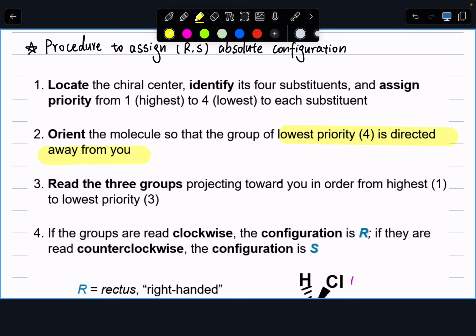But in the Fisher projection, if that lowest priority group is on the horizontal, then that means this one is wedged out, it's pointing towards you. So putting the lowest priority group on the vertical is okay, but putting it on the horizontal, you have to flip it.